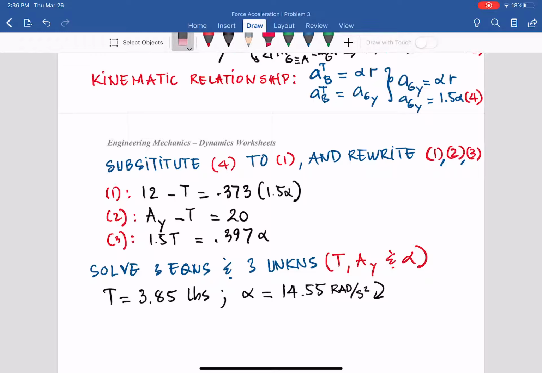And then we also have Ay equal to 23.9 going up.